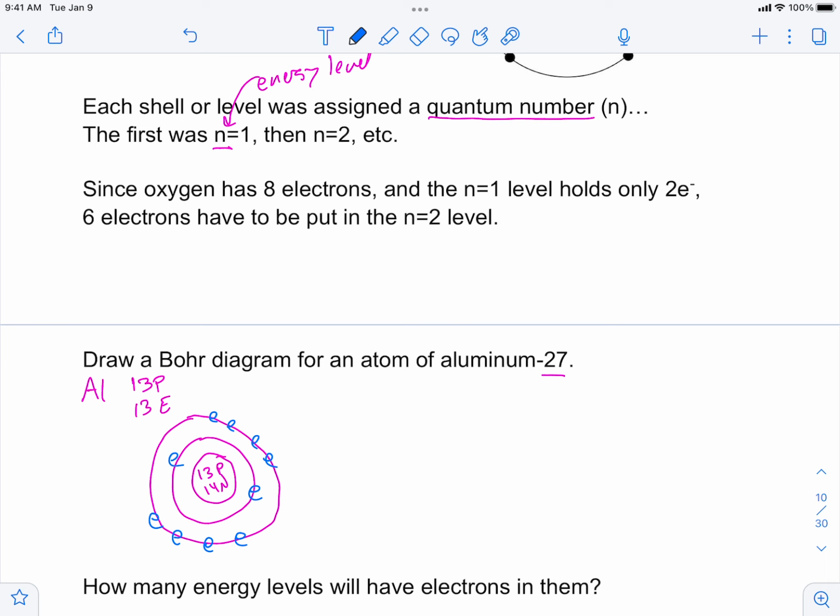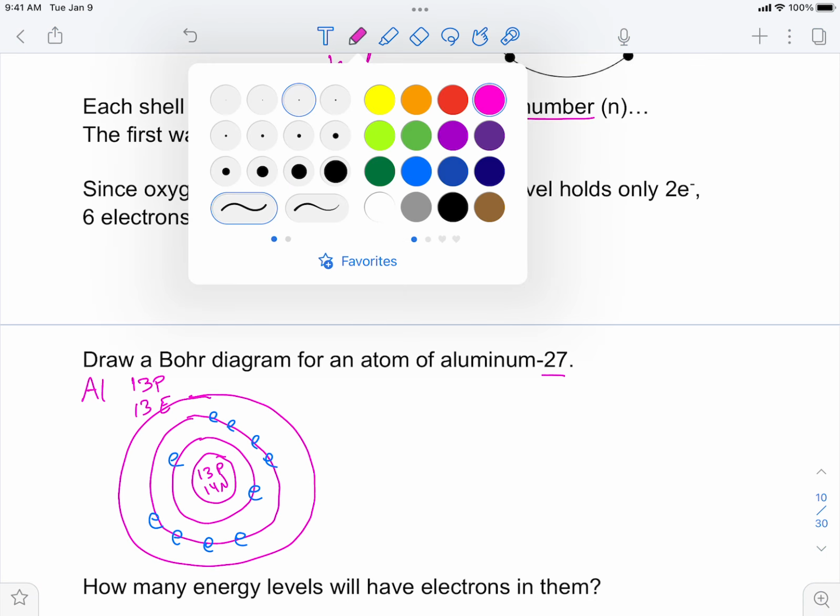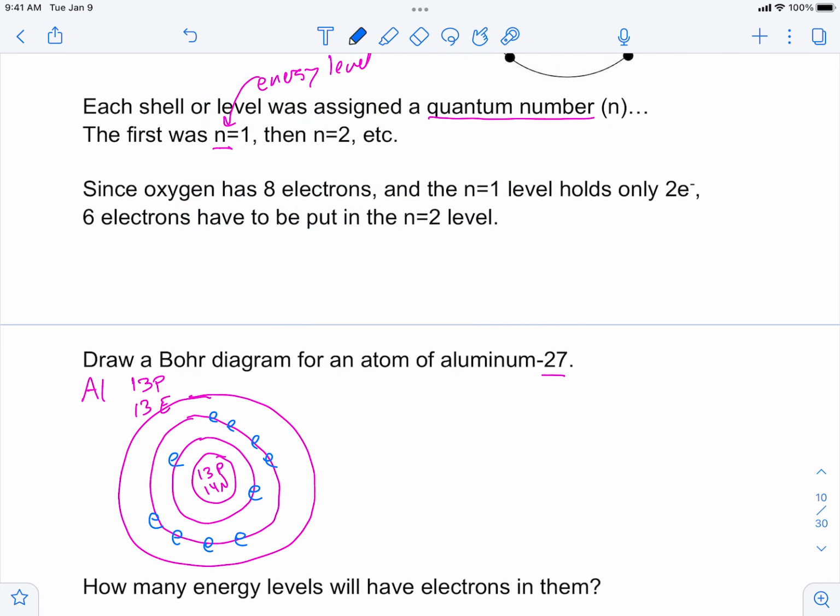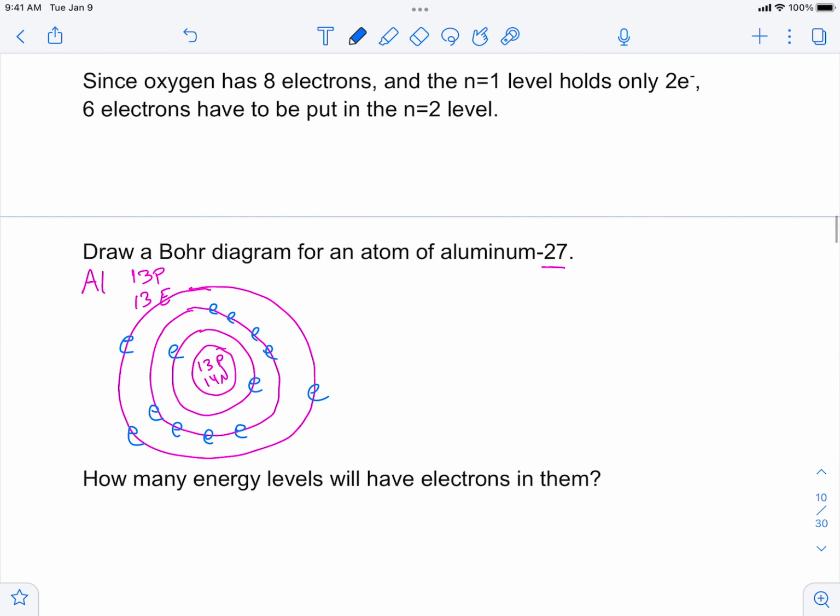So now we extend into the third energy level. These circles are not perfect. It's okay. So what do we have left? How many go in energy level 3? 3. 1, 2, 3. Where I place the electrons doesn't really matter. This is just like a rough count. All right, so are you guys okay with Bohr diagrams?